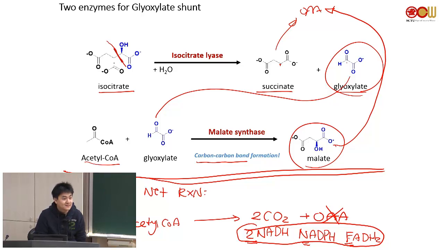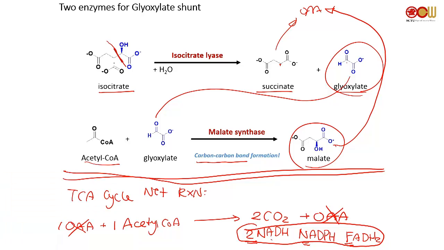Why? NADH carries 2 electrons, so you have 1, 2, 3, 4. NADPH also carries 2: 5, 6. FADH2 also 2: 7, 8. So it carries 8 electrons. Why is it not an odd number?